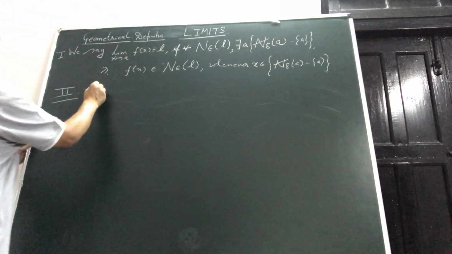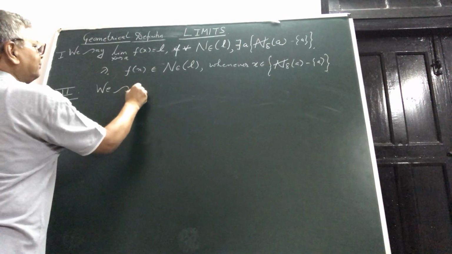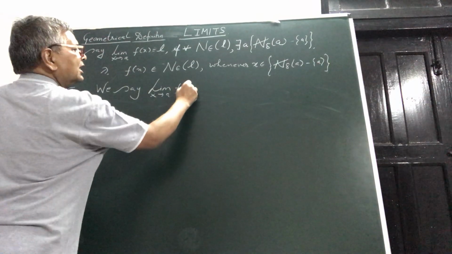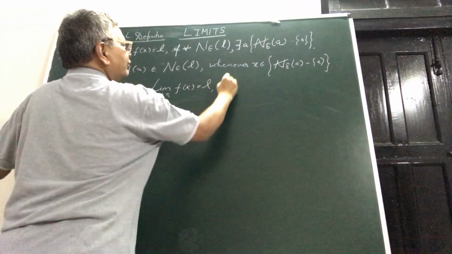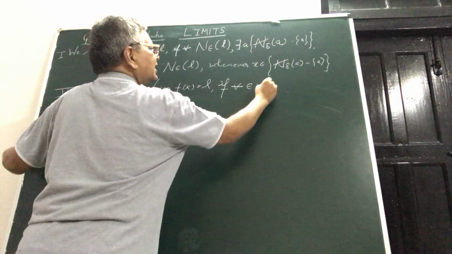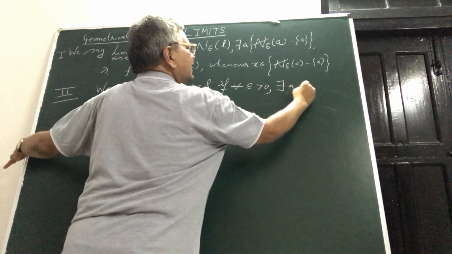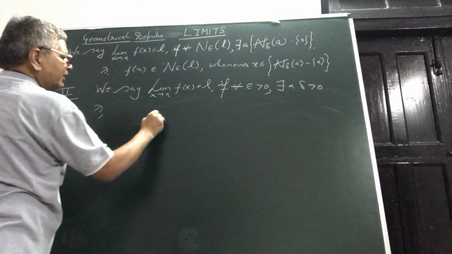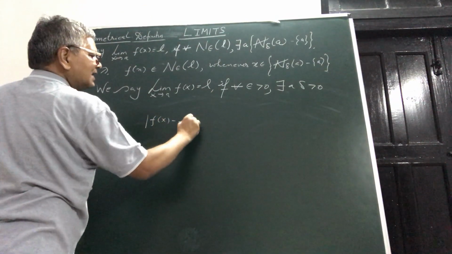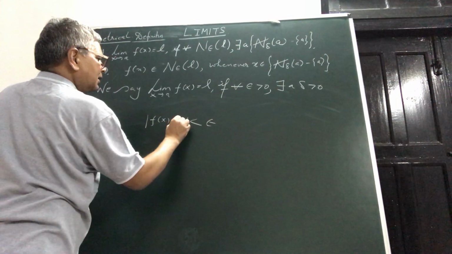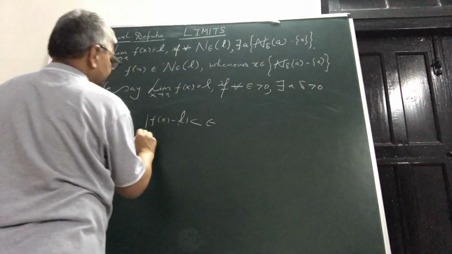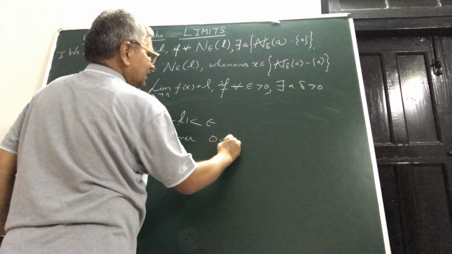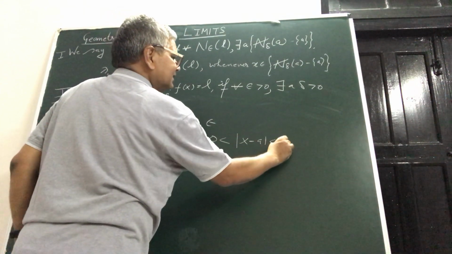So the second definition is like this: we say limit x tending to A of f(x) is equal to L if for every epsilon greater than 0 there exists a delta greater than 0 such that mod f(x) minus L is less than epsilon, whenever 0 is less than mod x minus A is less than delta.